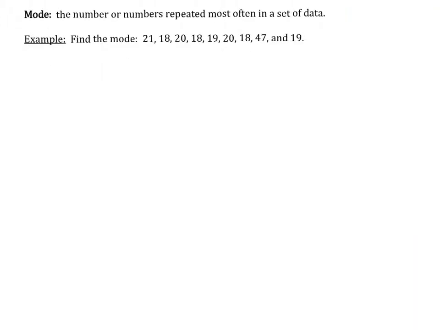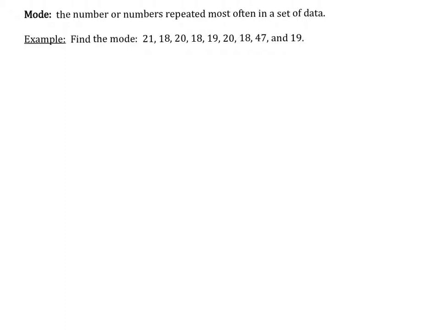This type of statistic is called the mode. Basically, the mode is the number or numbers that are repeated most often in a set of data. That means we can have more than one of these. This is the only statistic where we can have more than one possible answer. To find the mode, just look at what number occurs the most.